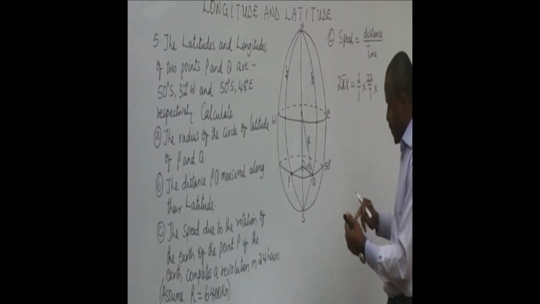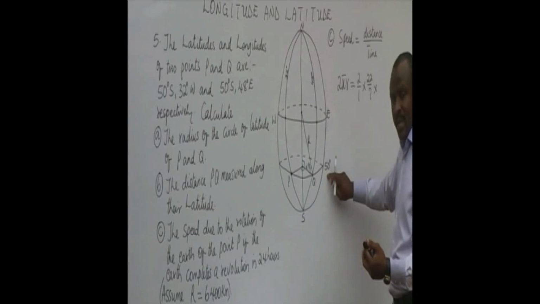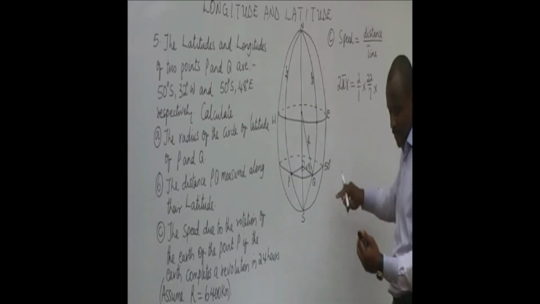Cosine 50, the line of latitude where the point you are finding its rotation is.